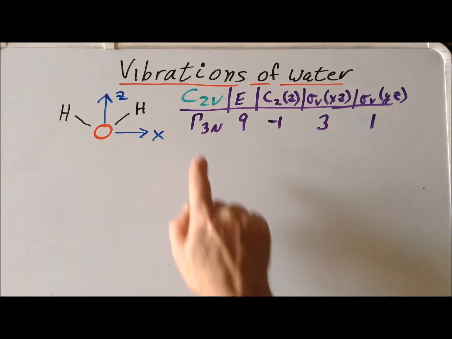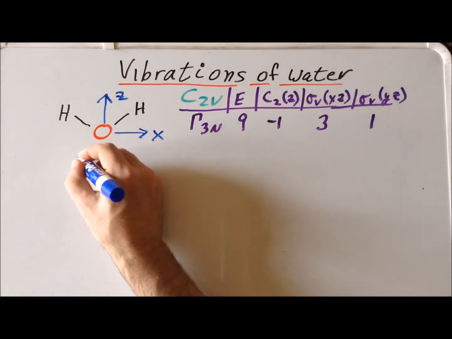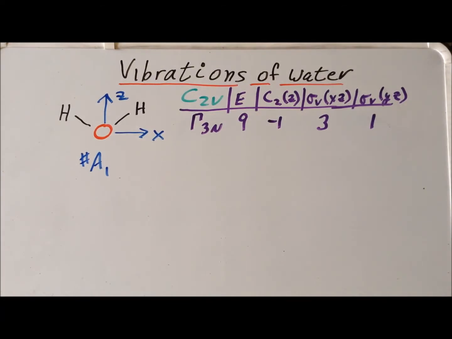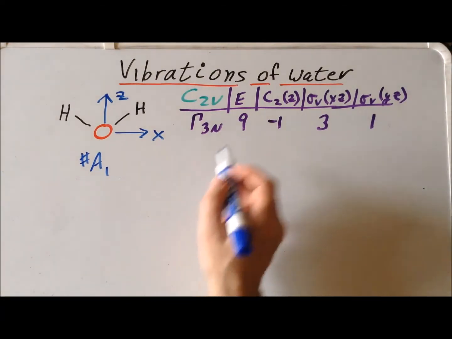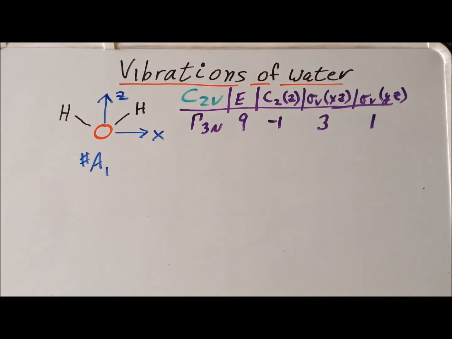Next, we want to reduce our reducible representation to a linear combination of irreducible representations within the point group C2V. So recall that we have to look for each of the irreducible representations separately, one at a time. So we start off trying to figure out how many A1 irreducible representations are included in this reducible representation.